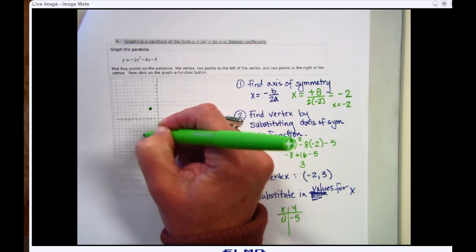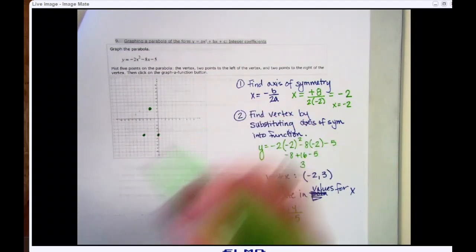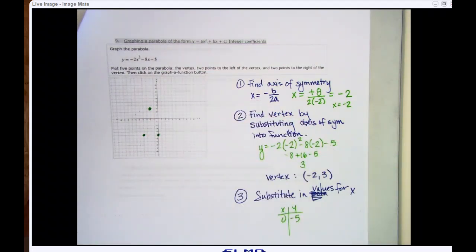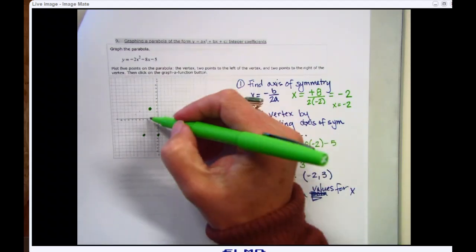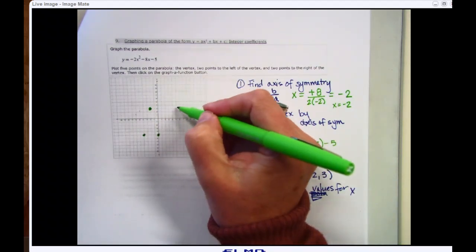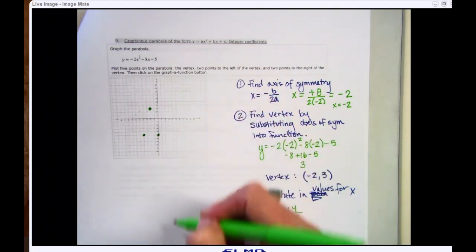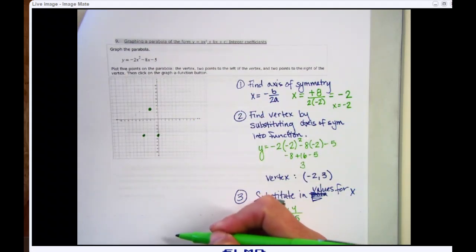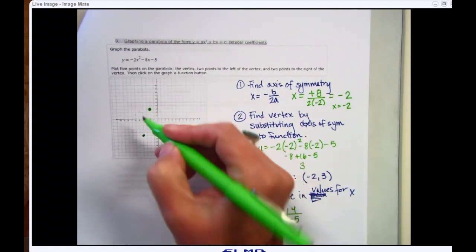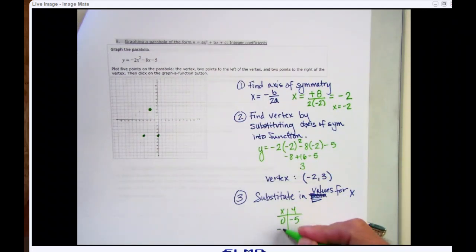It was 2 away. If it's asking me to plot 5 points, I need to do 2 more, don't I? The further I get away x-wise from that vertex, the more likely your points are to be off of your chart. So I might choose to plug in negative 1.